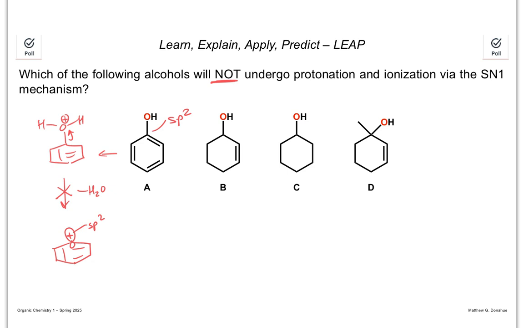So when you're analyzing this, this is where a lot of students get confused about these orbitals and bonds. Even though it's crappily drawn here, see that double line right there? The p orbital for that carbon is already tied up in that double bond.